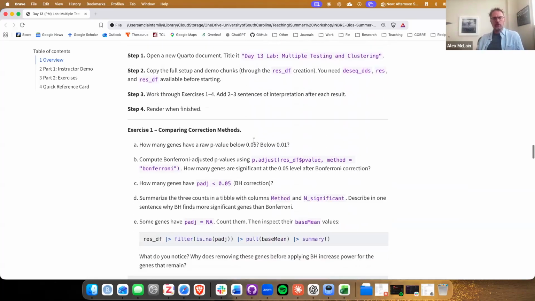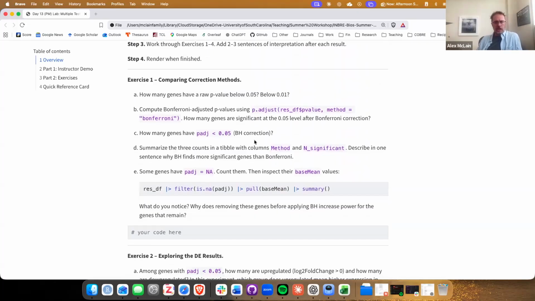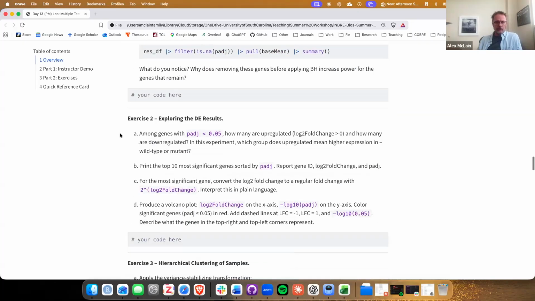Okay, so the exercises. I put this in the chat. The exercises I would like you to do are exercise 1, parts A, B, and C. This will be applying the two different corrections and looking at the differences in the results of these three.